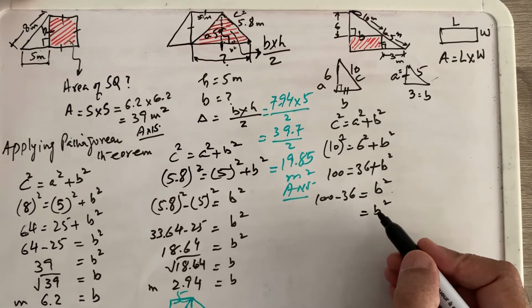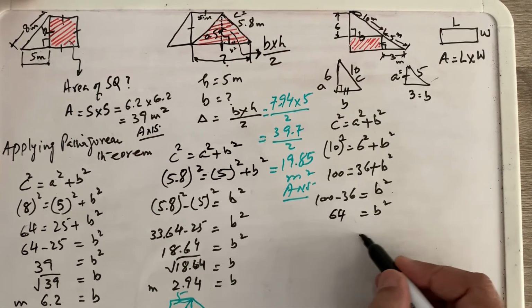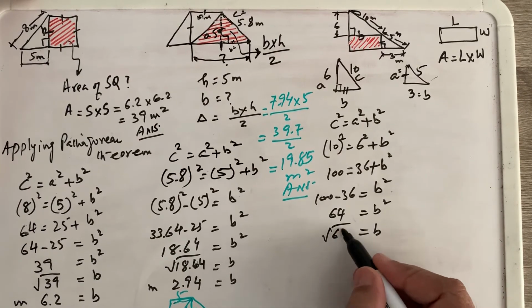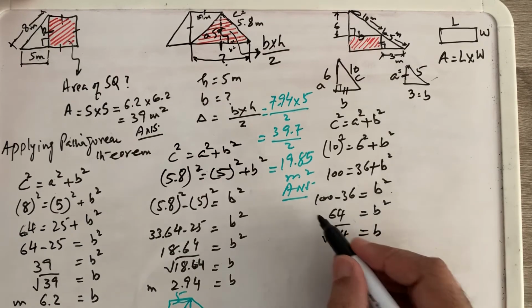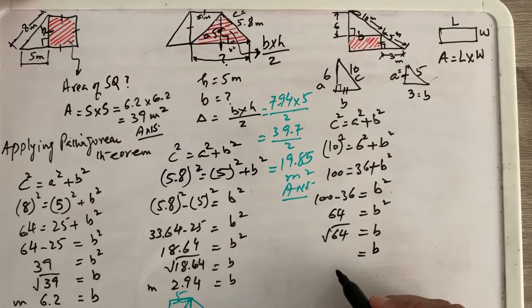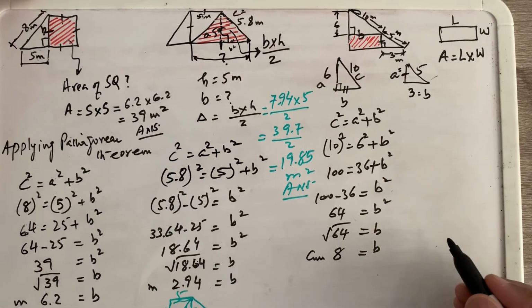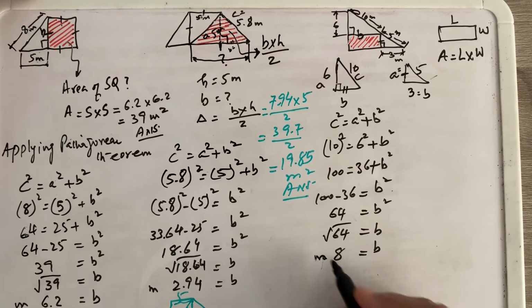So 100 minus 36 will be 64. Then we have to take the root, because this is the b square value and I need the value of b. The 2 power, or square, goes to the other side as a half power. We learned that before. So I have b as 8 meter.